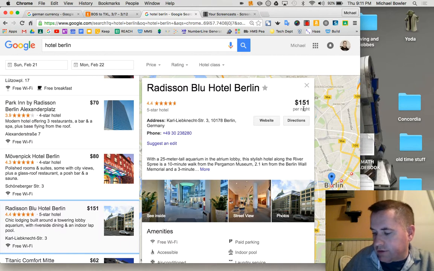And again, these are dollars, and they don't use dollars in Germany. They use the euro, so we're going to need to convert these dollar rates into euros. So it's $151 a night, and we did say for 5 nights, and that would be $755 for the 5 nights.